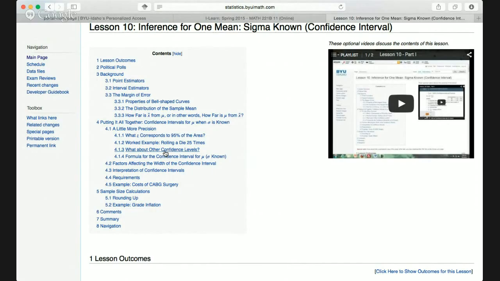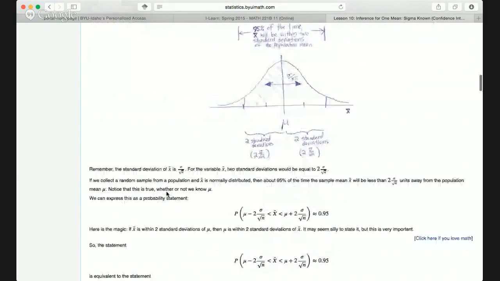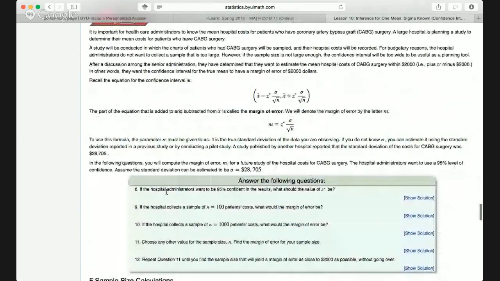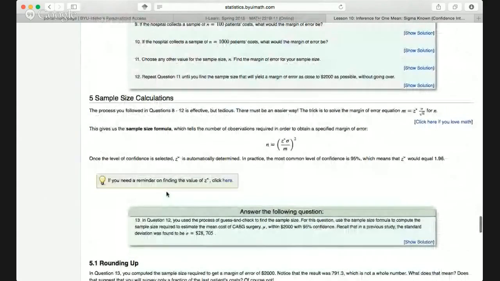Okay, so we would take $100,000 minus 95, 1.96, and then we would do blank.